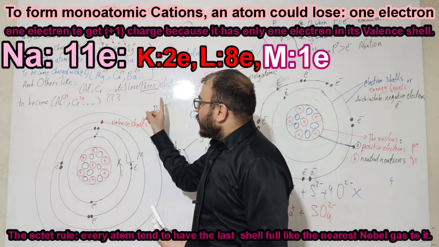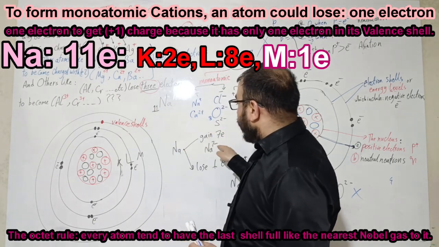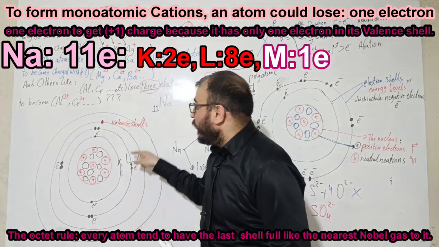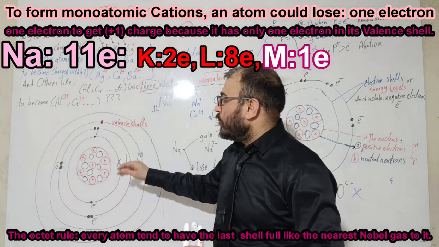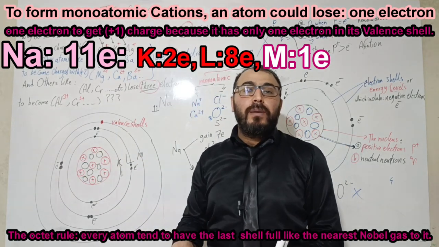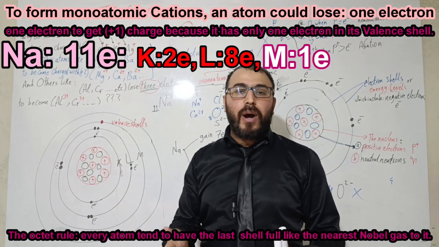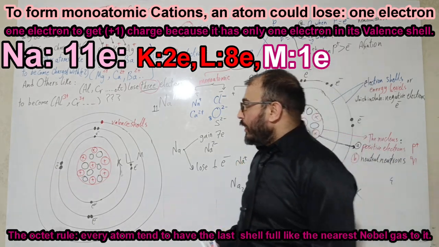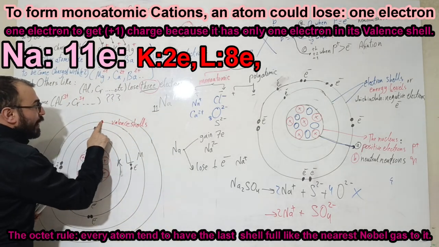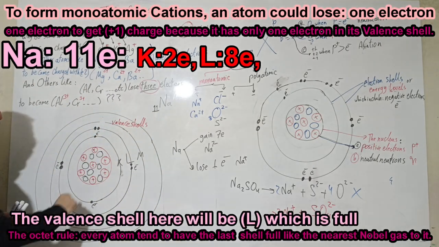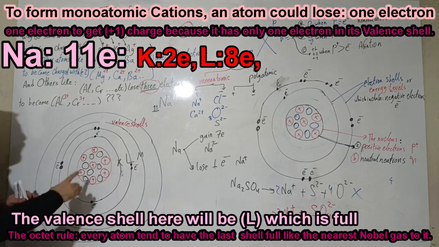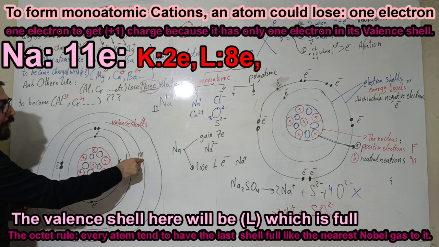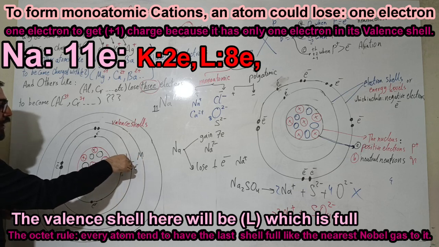If the sodium atom gains 7 electrons, it is going to be charged -7, and the valence shell is going to be full, and the sodium atom is going to be happy. The problem is that this requires a lot of energy. Losing 1 electron only, the one in the M shell, will make L the last shell.